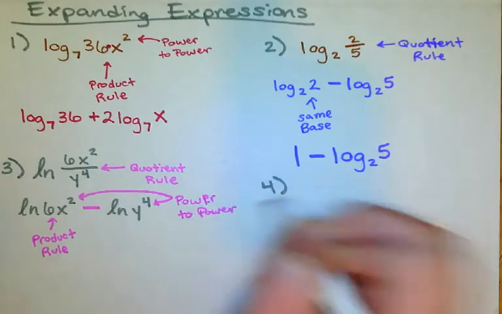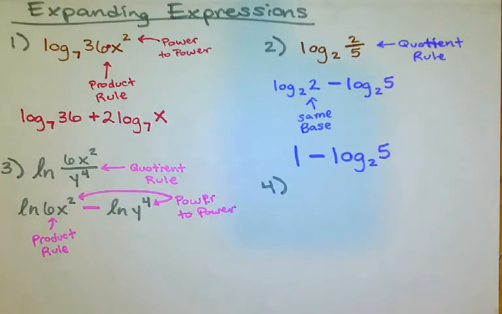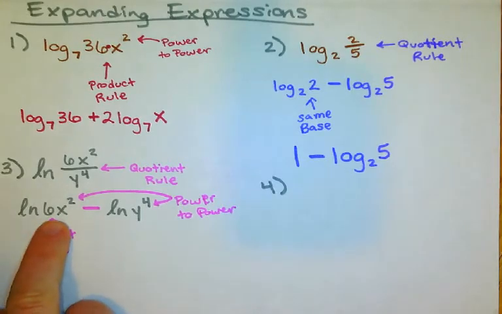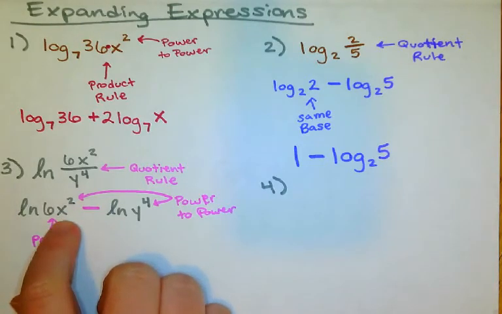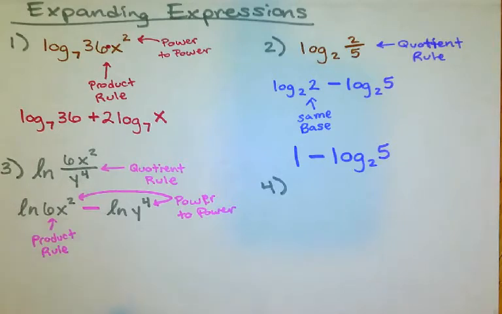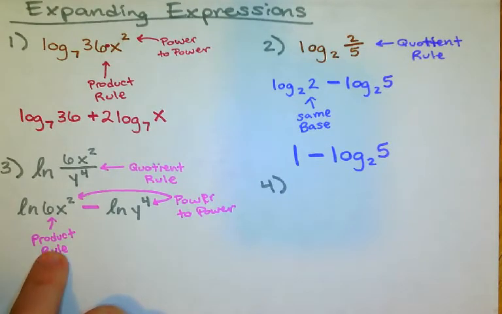What I want you to be careful of in this case is that I don't want to do my power to power rule first, because is this squared applying to the 6 or the x? That squared is not applying to the 6 because there's not a parentheses around the 6 with that 2 on the outside. That squared is only going to the x. So in order to make sure I put that 2 in the right place, I need to use the product rule first and then use my power rule to move that 2.